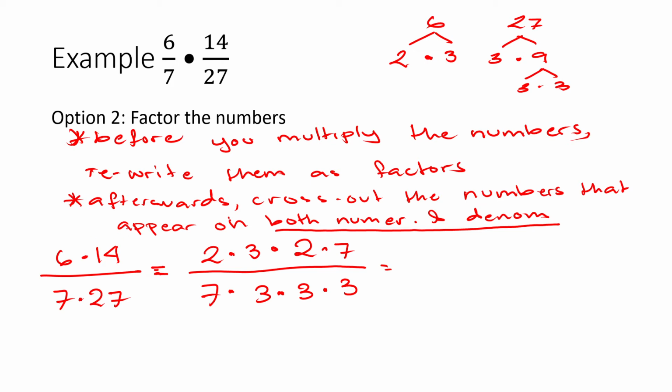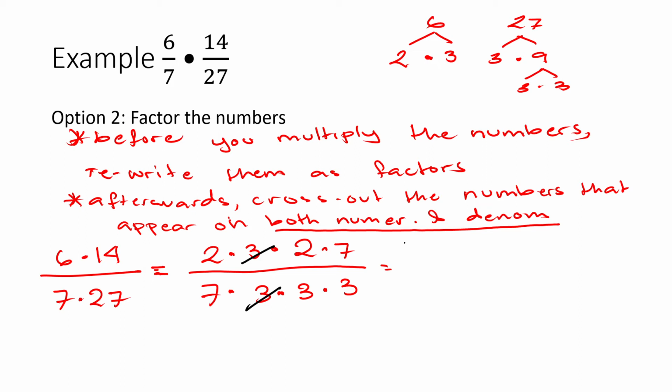times 3 times 3. So as you can see, 3 and 3, let's change my pen to black. As you can see, 3 and 3 appears on both numerator and denominator, so we can cross it out. So far so good. Now can you tell me what else appears on both the numerator and denominator?